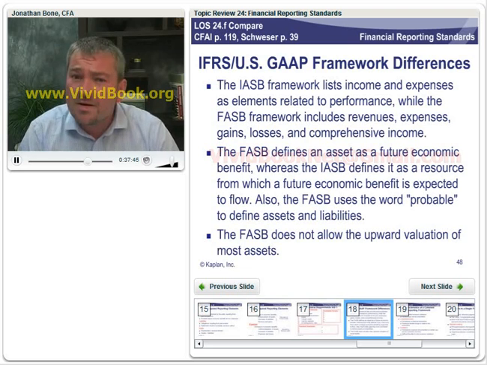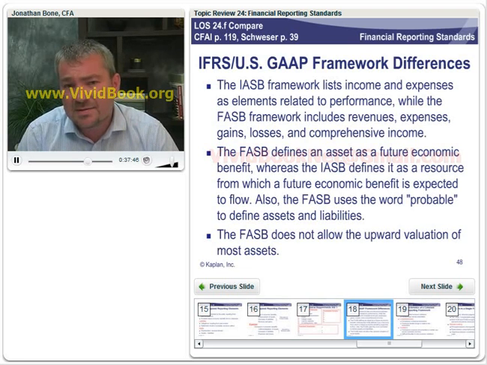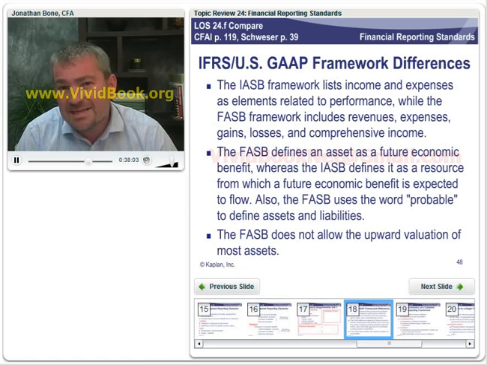Now the third one is a key difference between US GAAP and IFRS. Notice US GAAP does not allow the upward valuation of most assets. IFRS is more flexible, allowing you to revalue things like plant, property and equipment and intangibles. US GAAP typically does not allow the upward valuation of assets.